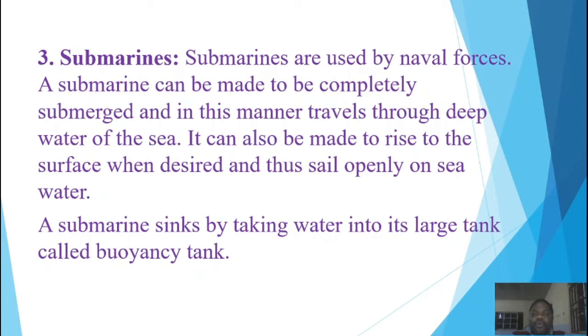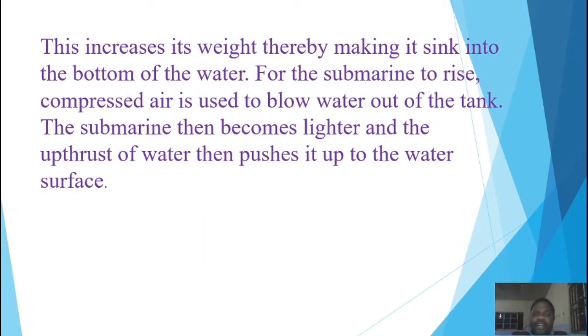Now, when the submarine wants to rise, what do they do? It has another tank that contains compressed air. That compressed air is open to the buoyancy tank in such a way that it will use a very great force and blow out water from that buoyancy tank.